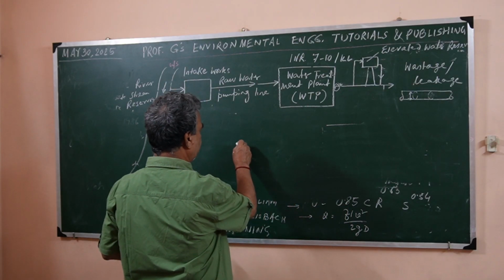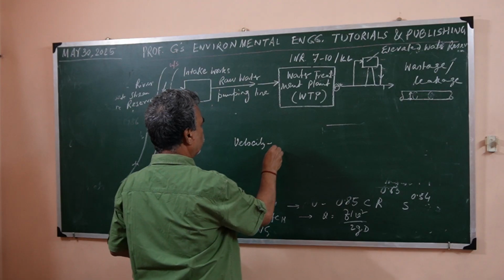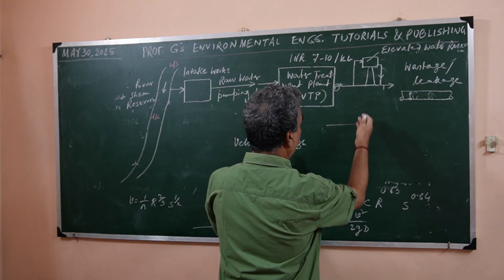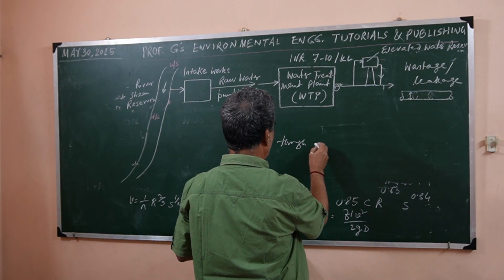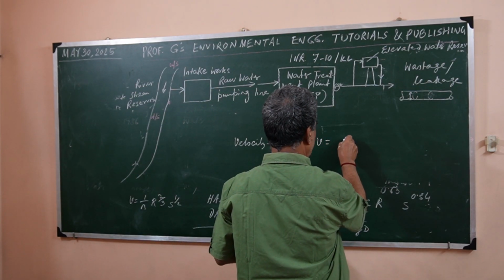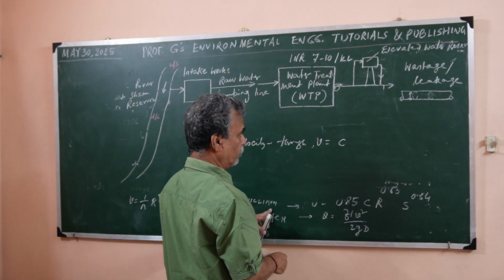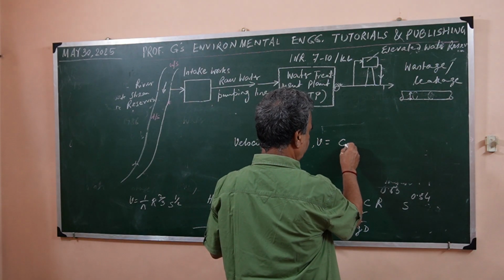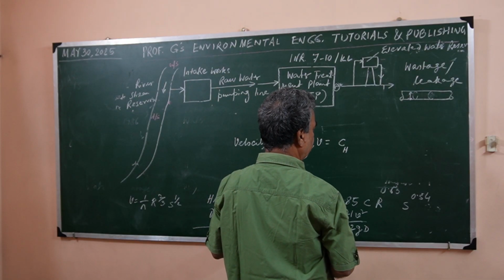So when we are saying the velocity of water through the pipe under pressure for water supply system, V is equal to C, the Hazen-Williams coefficient, sometimes called CR also. So let us say CH, Hazen-Williams coefficient.